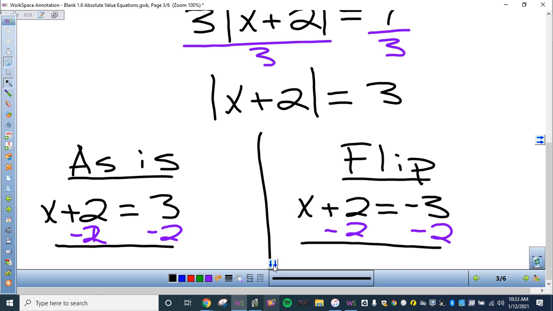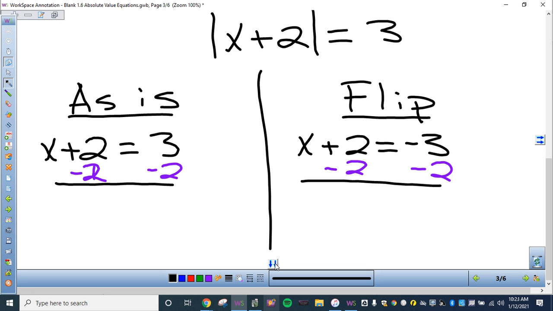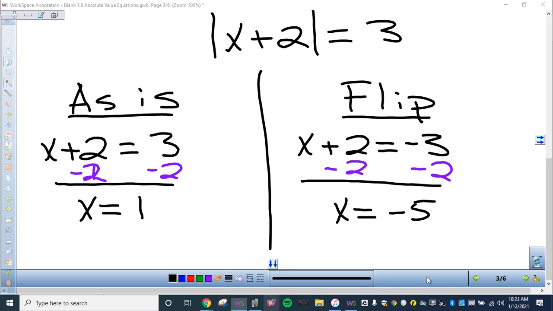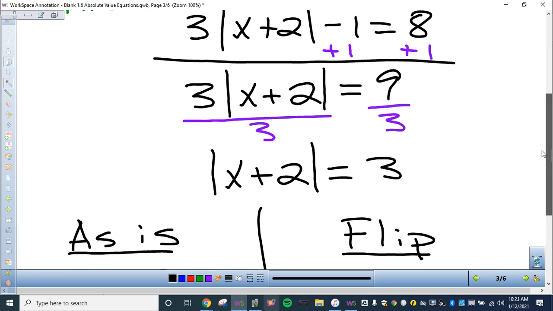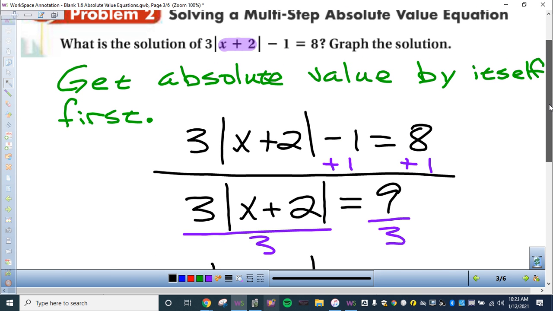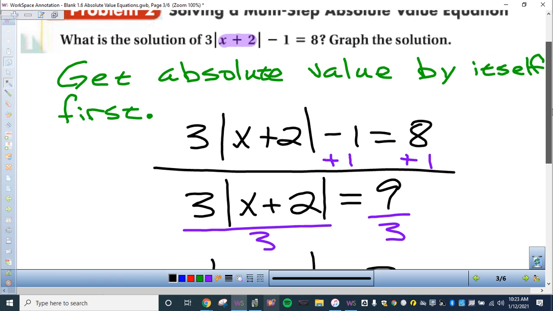So we end up with, on the left equation, x equals 1. We end up with, on the right equation, x equals negative 5. Okay? And we're good. If you want to go all the way back up here and plug it back in, you can plug it back in. When you plug in your x values and you do all the math, you should end up with positive 8.